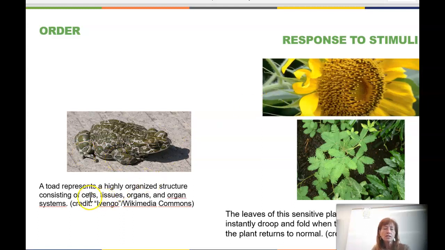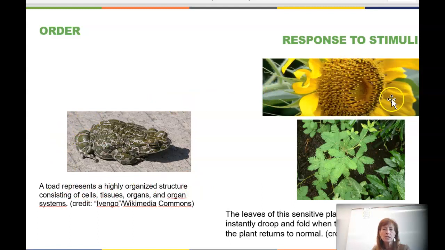We can use this then to launch into that hierarchy from cells working together to form tissues of different types working together to form an organ, and organs ultimately forming organ systems. So that's a good way to think about this order of structure and function in living organisms.